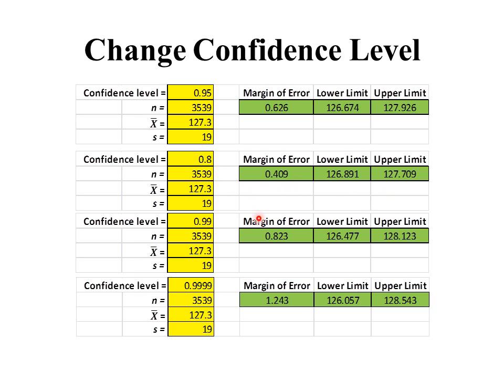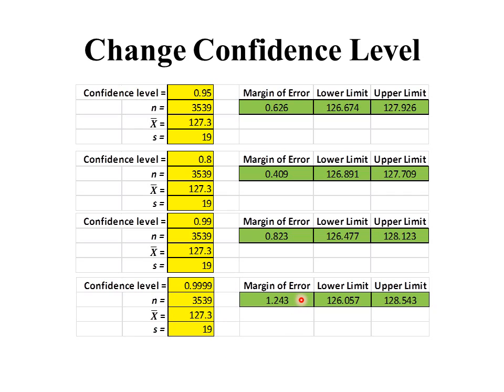Now, let's increase our confidence level. Let's suppose we choose to use a 99% confidence level. Look what that does to the margin of error. It went from originally 0.6 up to 0.8, so we have a much bigger margin of error, and that's going to give us a wider confidence interval. Now let's choose an even higher confidence level, 0.9999, so we're at a 99.99% confidence level.